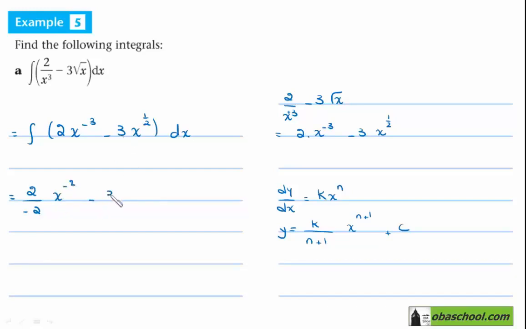The second term is minus 3 divided by half plus 1, which is n plus 1. Let's do it aside. Half plus 1: if we take a common denominator 2, it's 1 plus 2, 3 over 2.